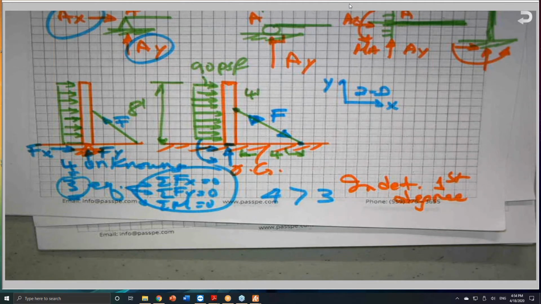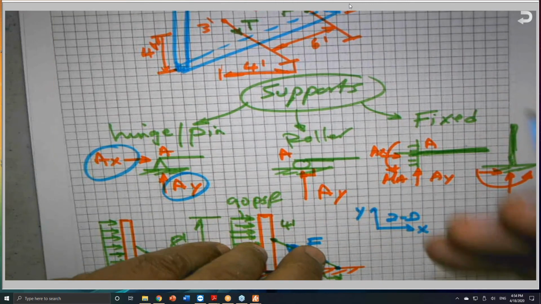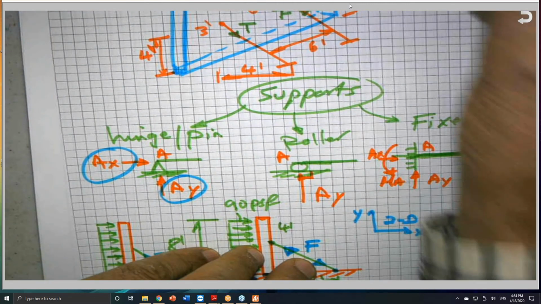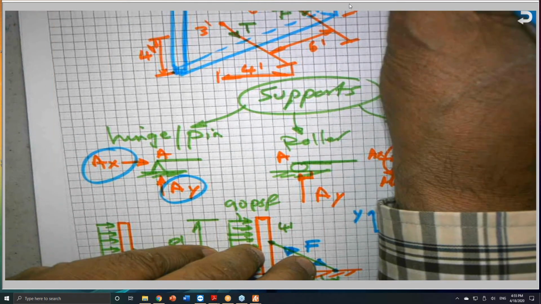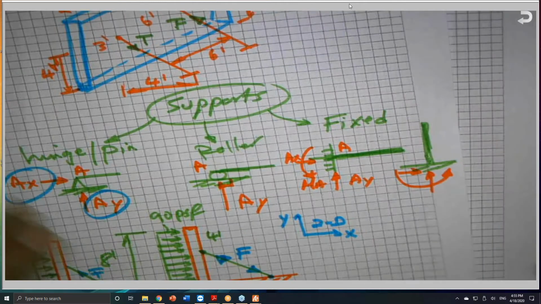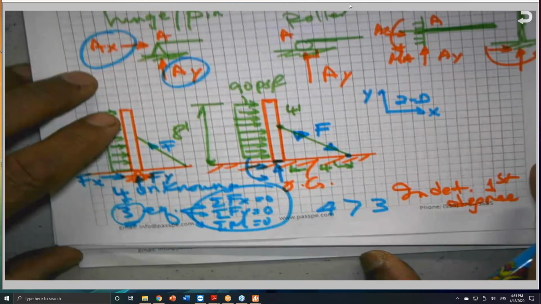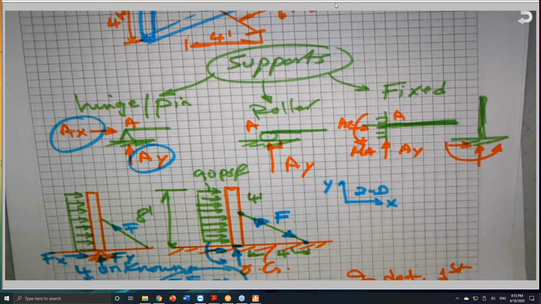We need to pay attention to every single word given in the problem statement because this is something very, very important. So the second step after that is to calculate the force.